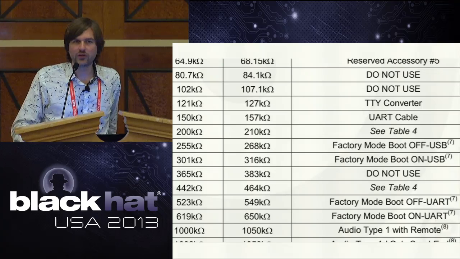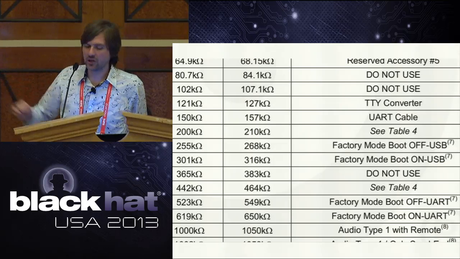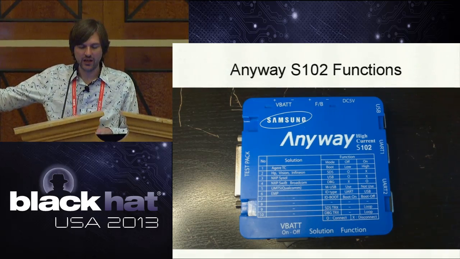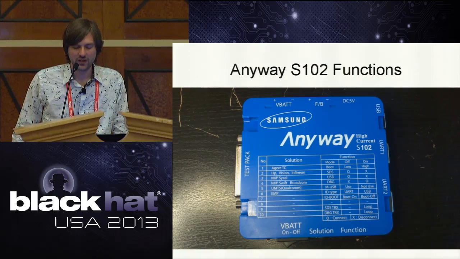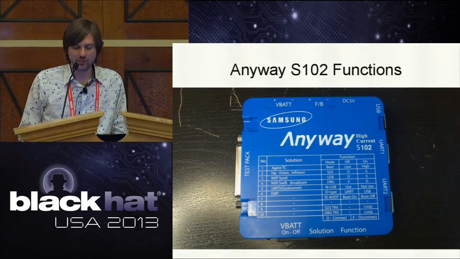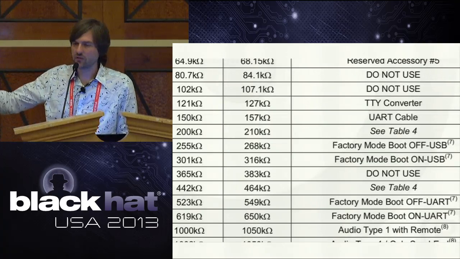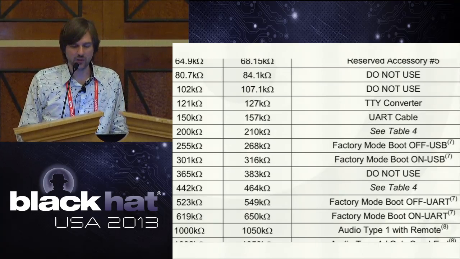But what the device gets us are mostly those modes that are factory mode, boot, off, and you can see it here on the function on the right-hand side. There are a couple of lines with MUSB and whether it's going to boot on or off, ID boot. Those are related to these lines that are factory mode, and they seem to be primarily used for loading code onto the device.